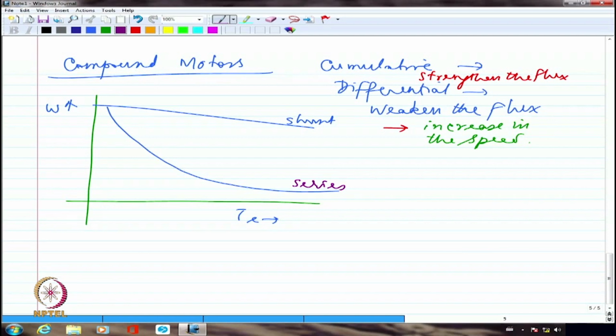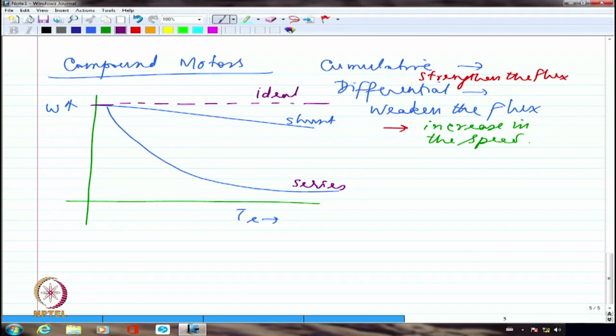The same thing is true here with differential compounding, because the moment I increase the load torque, the speed falls. That's what this is indicating. If ideally the motor had no resistance, this would have been the ideal characteristic, but because of the IaRa drop, I'm going to have a fall in the speed.